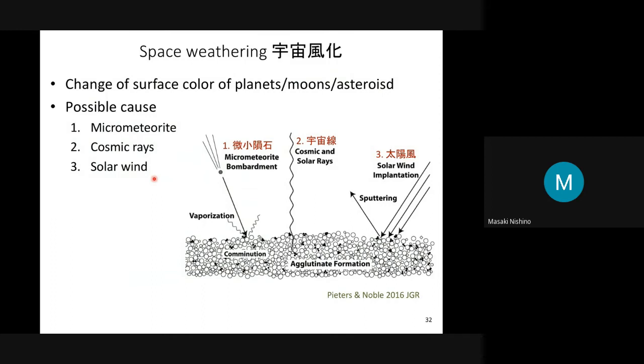And recently, one of my colleagues, Nakauchi-san at ISAS, published a paper in Icarus, and he did a nice experiment in the laboratory to show that solar wind implantation actually makes some water molecules, and it plays a very important role in space weathering as well.